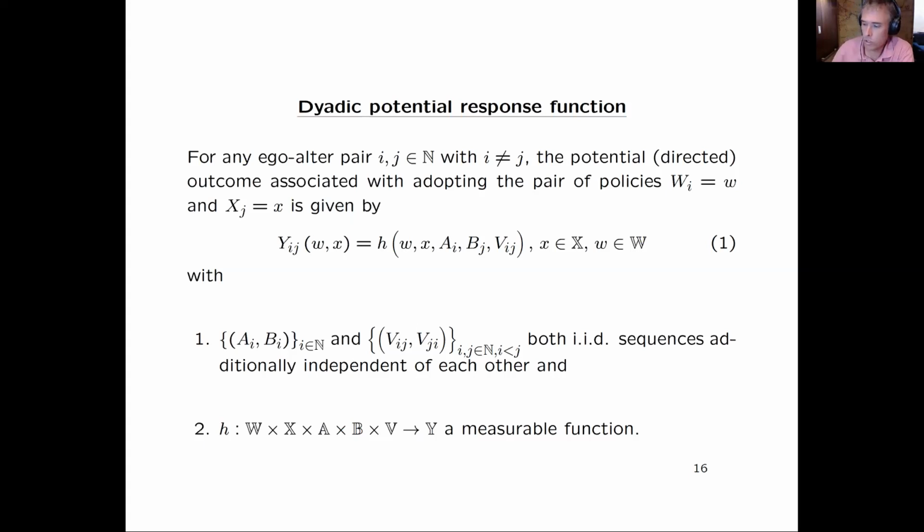And we'll just imagine that there's some sort of measurable function which maps policies, and then an exporter and importer specific effect, and then a dyad specific heterogeneity term into the outcome. And we're going to allow for arbitrary dependence between A_i and B_i, but the entire sequence will be IID, and it'll also be independent of these dyad specific heterogeneity terms.